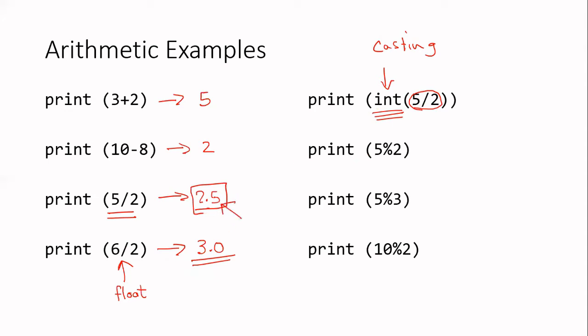That means it's going to drop off the point, and to cast that into an integer, it's going to give you 2. So that's how you can take division, and if you want to get an integer out of it, you can just simply cast it into an integer.